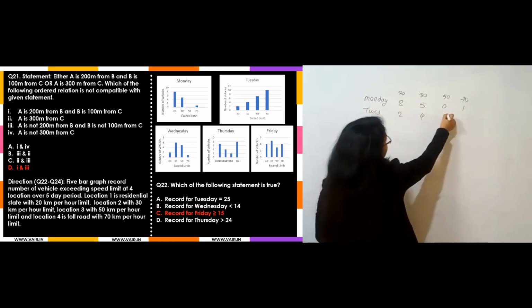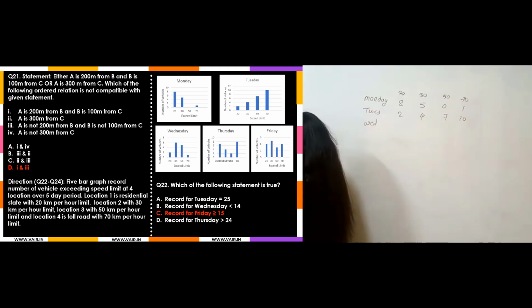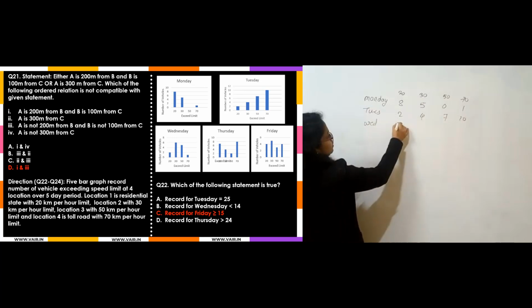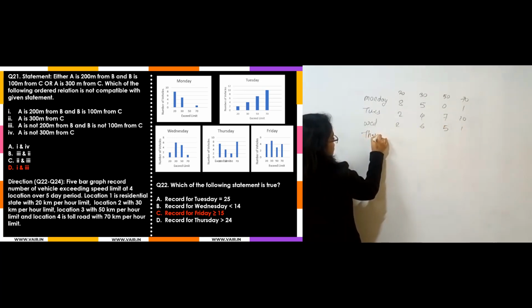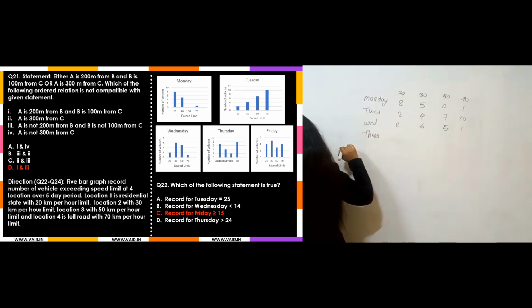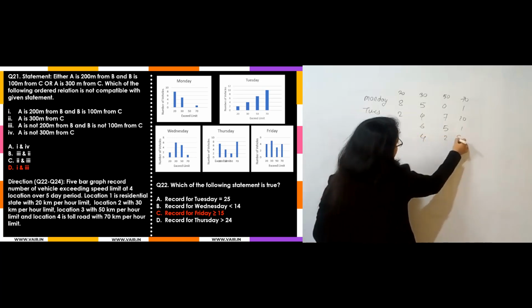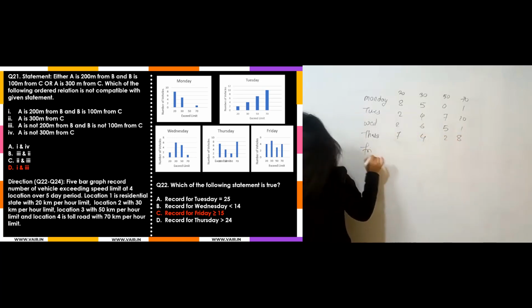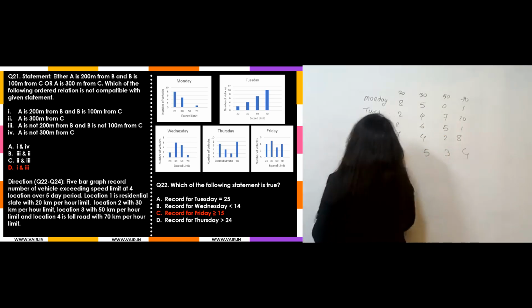On Wednesday, it is 2, 6, 5, 1. On Thursday, 7, 4, 2, 8. And on Friday, it's 4, 5, 3, 4. These are the number of vehicles.